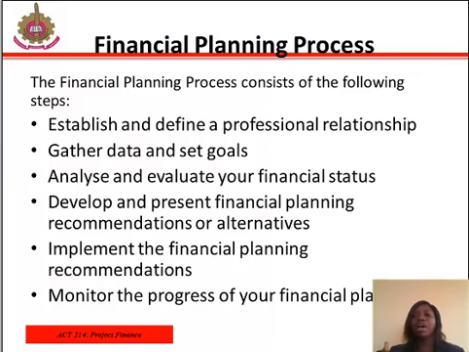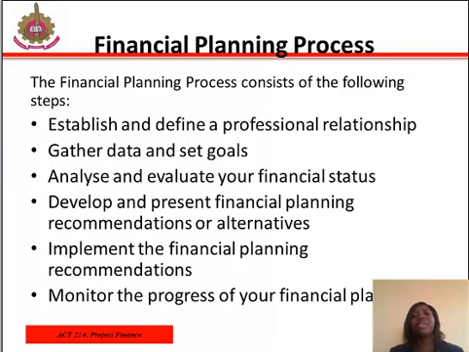The planner should explain how he will be paid and who will pay him. You and the planner should agree on how long the professional relationship should last and on how decisions will be made.